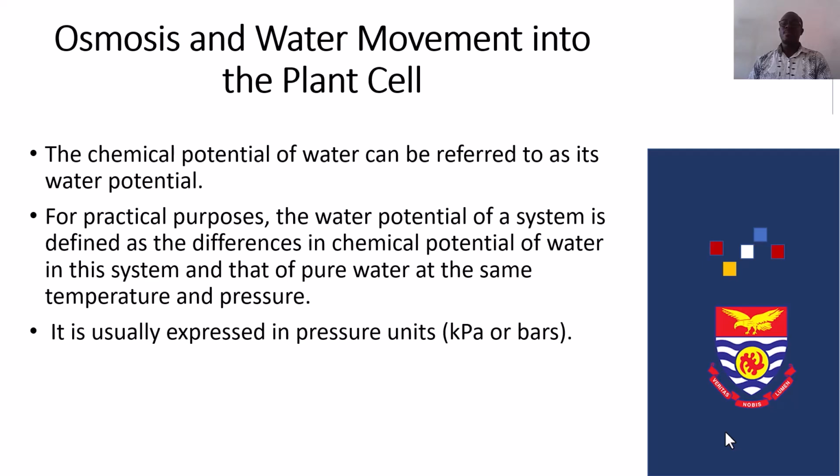So for practical purposes, the water potential of a system is defined as the difference in chemical potential of water in this system and that of pure water at the same temperature and pressure. It is usually expressed in pressure units, kilopascals or bars.